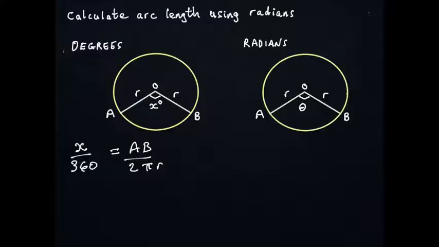Therefore, if the subtended angle is measured in degrees, the arc length AB is simply going to be x over 360 times 2 pi r.